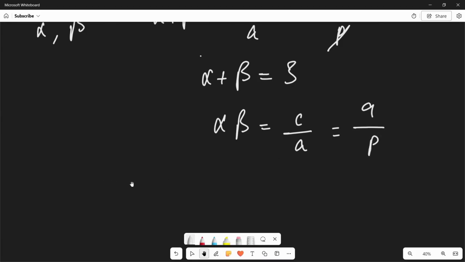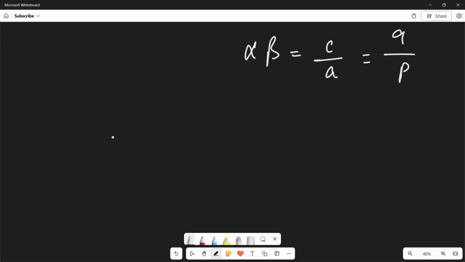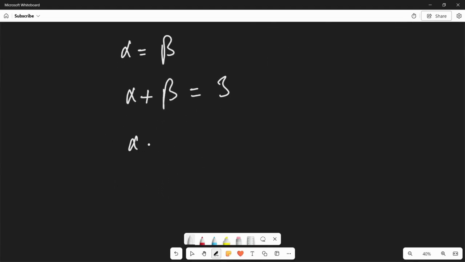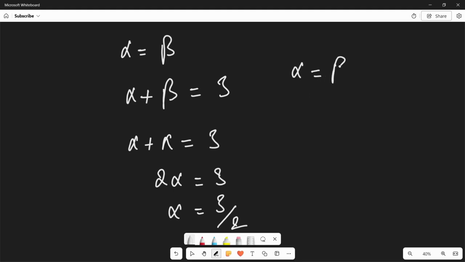Now as we are given the condition that alpha is equal to beta, we can substitute this in alpha plus beta is equal to 3, and this becomes alpha plus alpha is equal to 3, that is 2 alpha is equal to 3, and alpha will be equal to 3 by 2. So alpha is equal to beta is equal to 3 by 2.